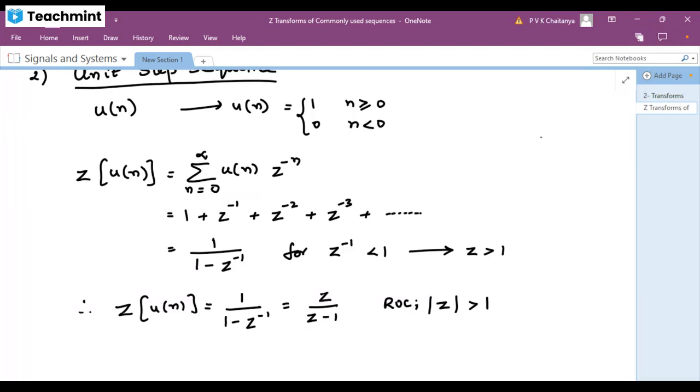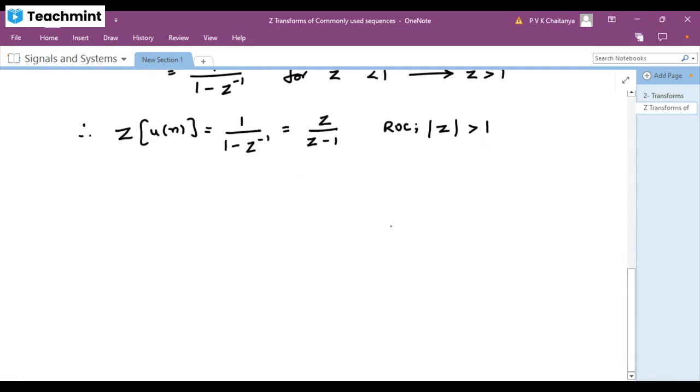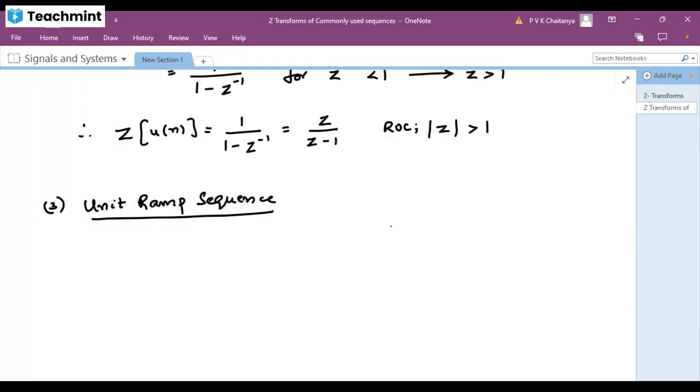Okay. So next, the next sequence. Let us take the unit ramp sequence. Unit ramp sequence, normally we call it R of n, that is equal to n into U of n. That means R of n is equal to n for n greater than or equal to 0 and 0 for n less than 0.